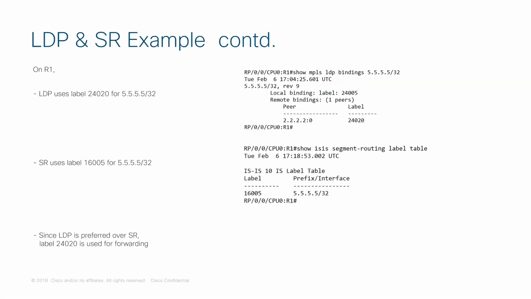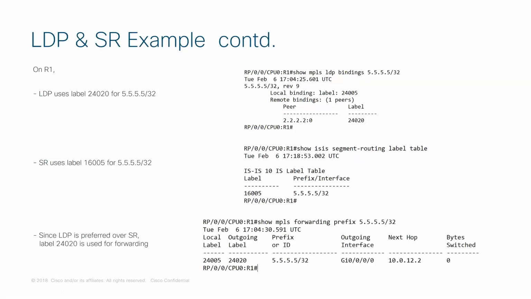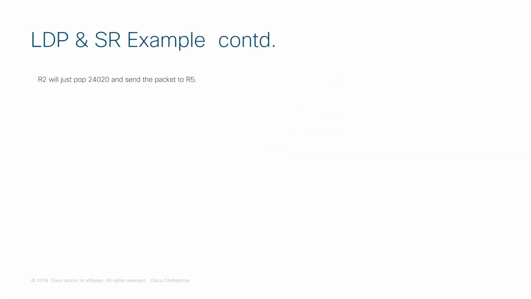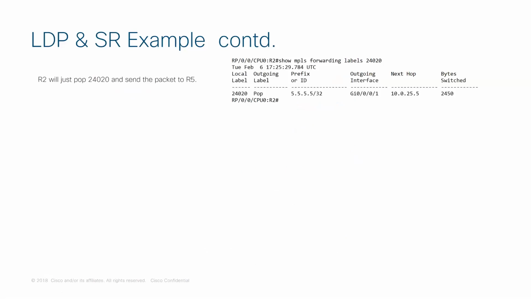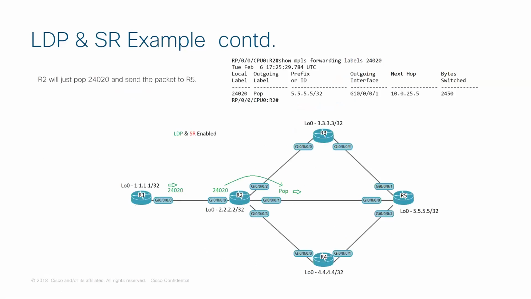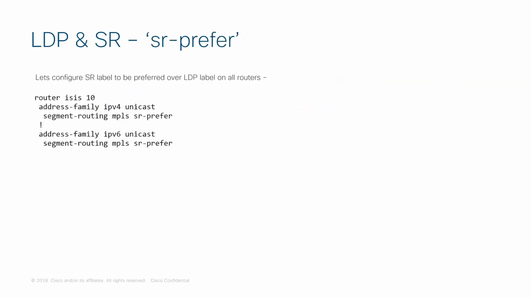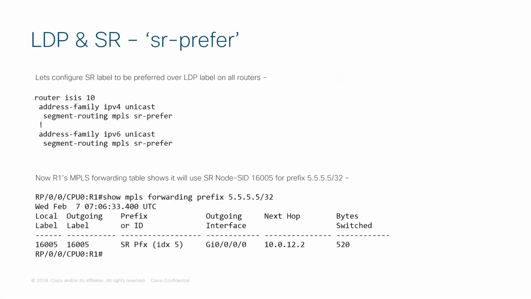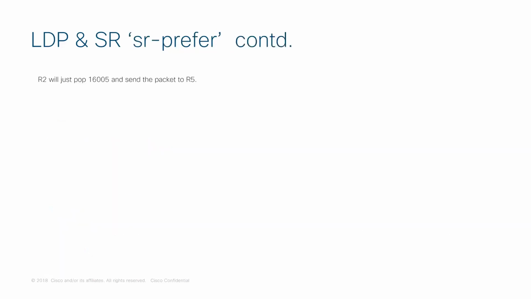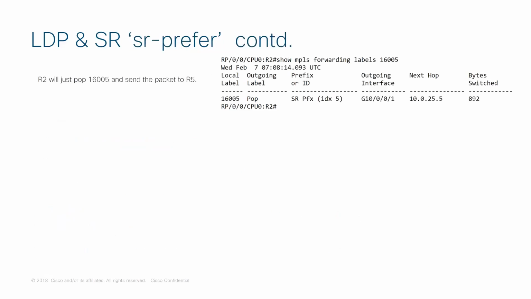By default, since LDP is preferred, forwarding takes LDP. R2 will just pop it as standard forwarding, 24020 pop. If you configure SR prefer, then when you do show MPLS forwarding prefix, it's not the LDP label, it's the SR label now because I preferred SR. That's it.